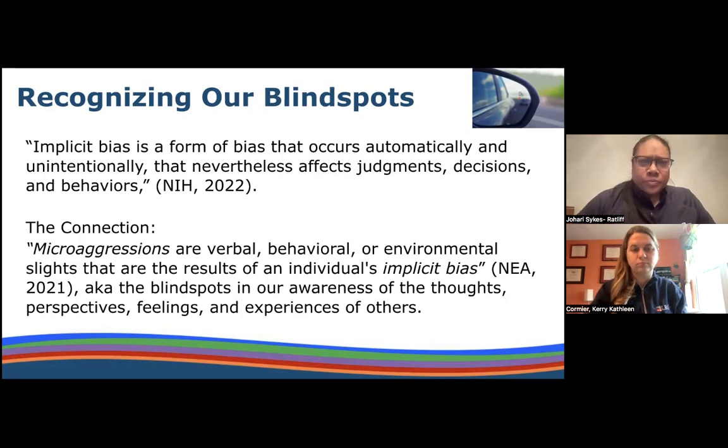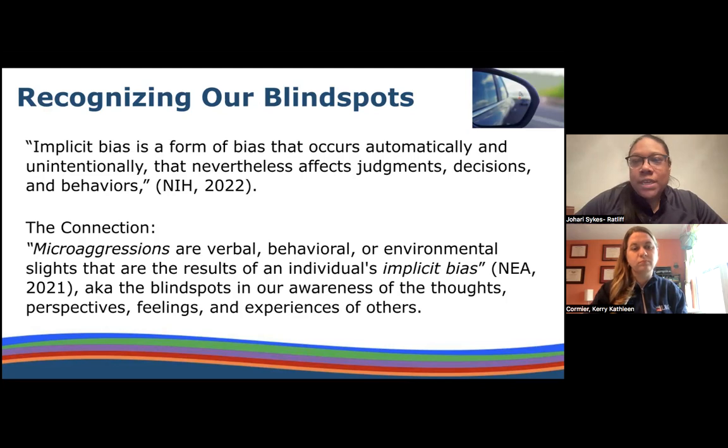And so when you have these blind spots, this is when implicit bias, which we'll define in the next slide, breeds. And that's why it's important to make sure that we are creating spaces where there's diversity in perspectives, experiences, in order to be able to eliminate and reduce those blind spots.